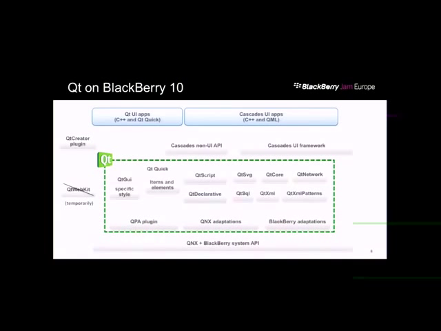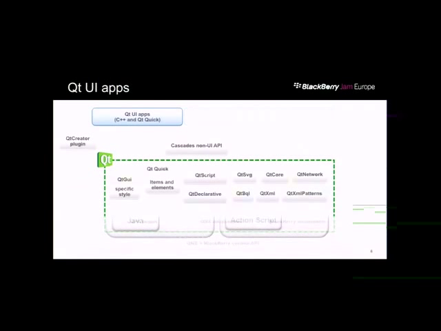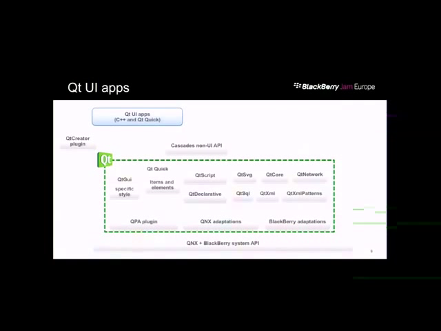So basically, for today, I'd like to underline this: you cannot mix UI code from Qt and Cascades UI code. But you can do many other things. And we have some plans to work on and explore how it can be mixed, and there are even today some ways you can mix it using, for example, cards or the invocation framework.